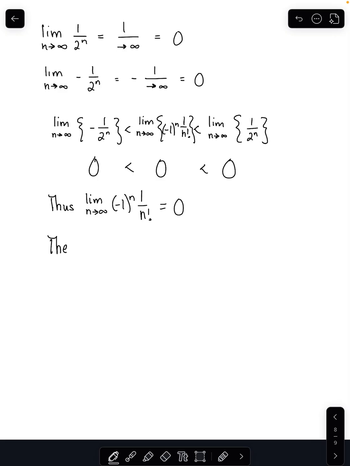And thus we can say that the sequence defined by -1 to the n times 1 over n factorial converges. It is squeezed in between a convergent sequence from above and a convergent sequence from below.